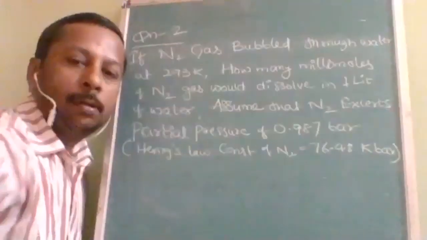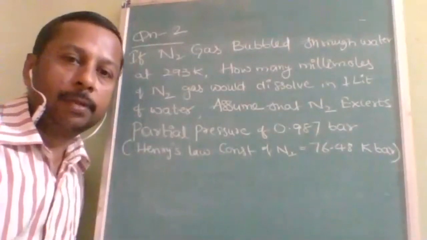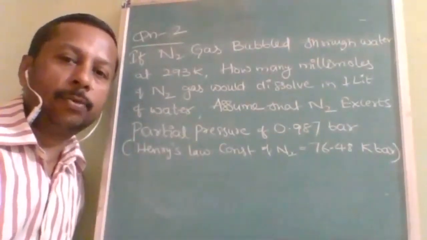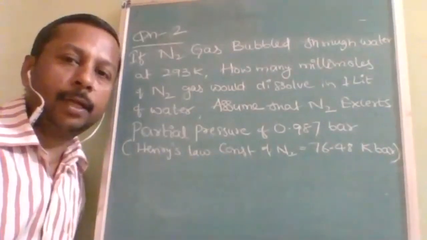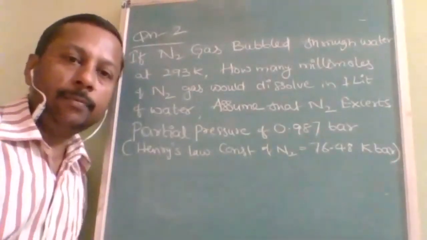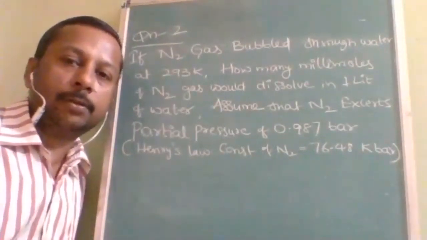Be ready. We are into the next question. If N2 gas is bubbled into water at 293 Kelvin, N2 gas is sent into what? Water. So here we can use Henry's law because the solute is gaseous and the solvent is liquid.